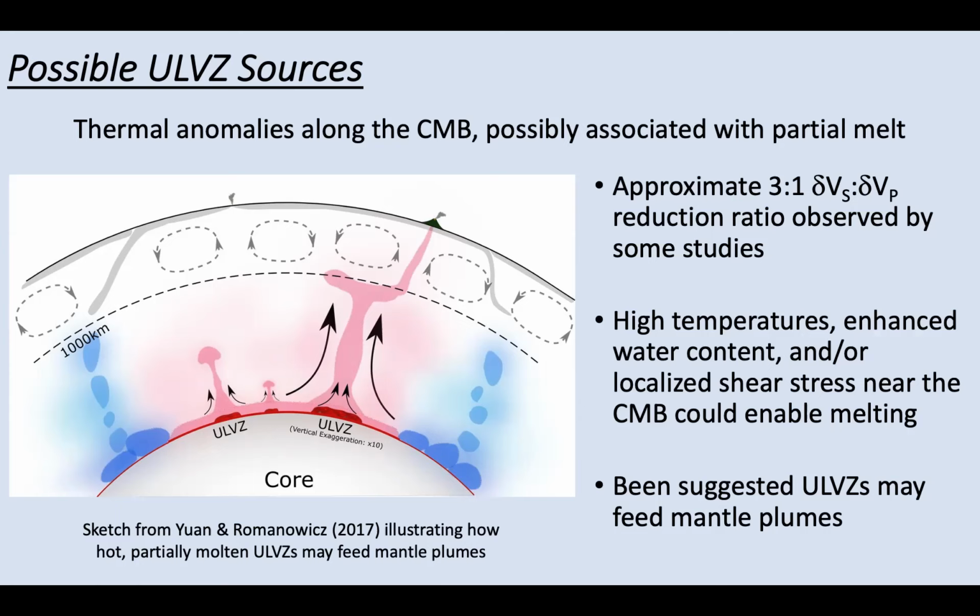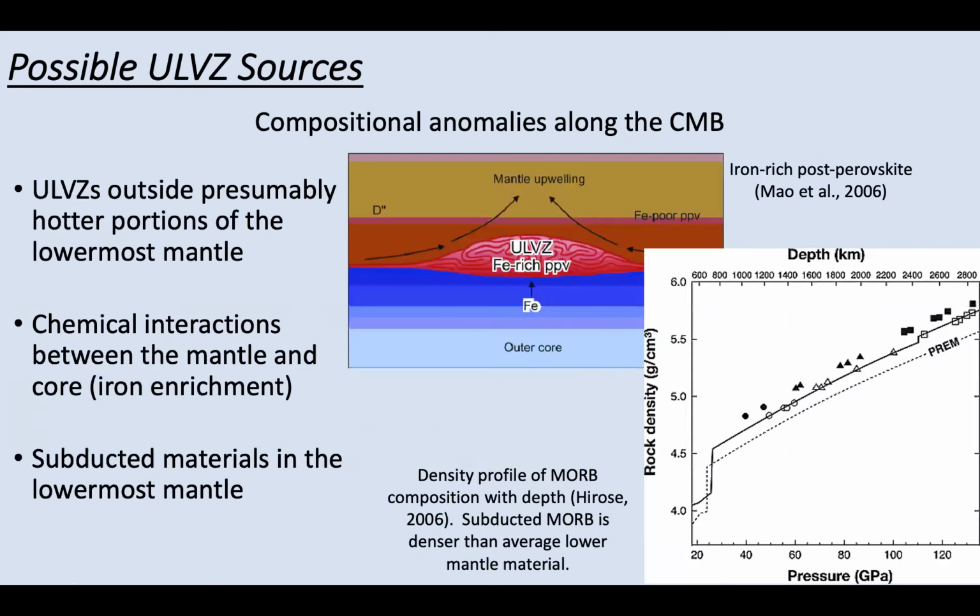And so this sketch here on the left is a cartoon from Juan and Romanowitz 2017, where they're illustrating how these dark red patches, which are the ULVZs, again, may be the source of mantle plumes or mantle upwellings. Now that said, they have found ULVZs outside these presumably hotter portions of the lowermost mantle, in which case that would not be as consistent with a thermal source.